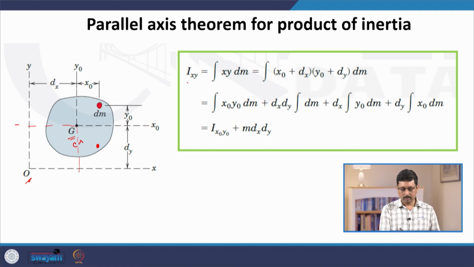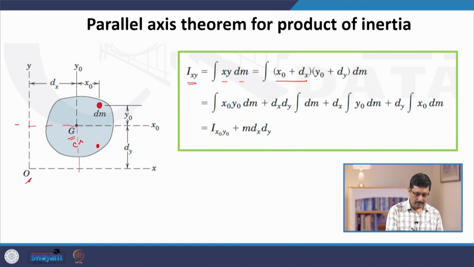Then we write down the definition of the product Ixy. This is xy times dm. Now, from the figure it is clear that x is given by x naught plus dx.